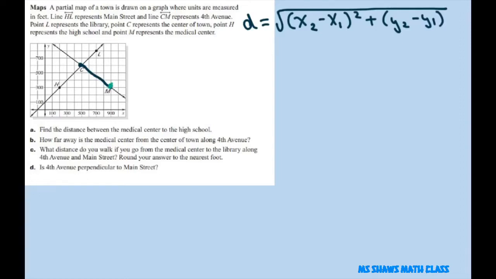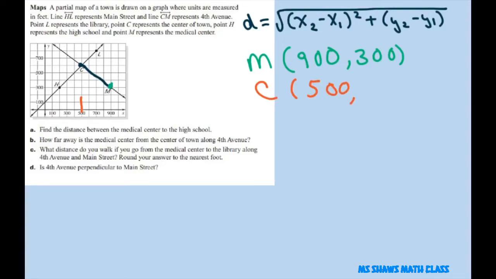Let's start with the medical center. The medical center, the x is 900 and the y is 300. And the center of town, that point is 500 for x and y is 600. And I'm just going to call the center point 1, and I'll call the medical center point 2. So I'm going to subtract like that.